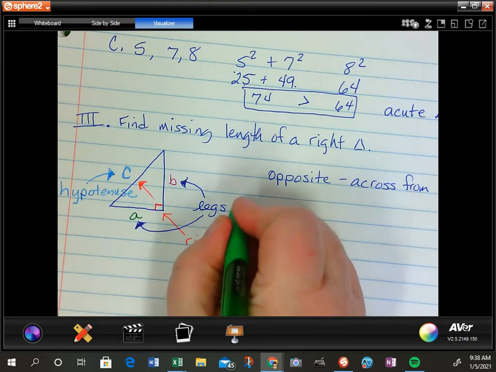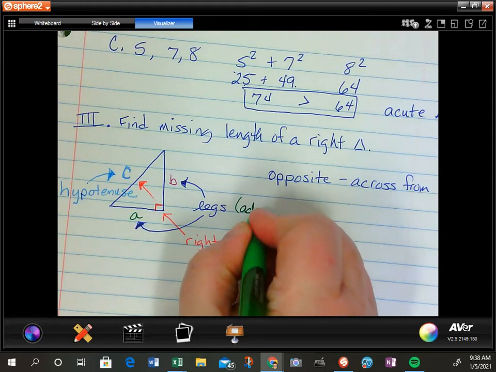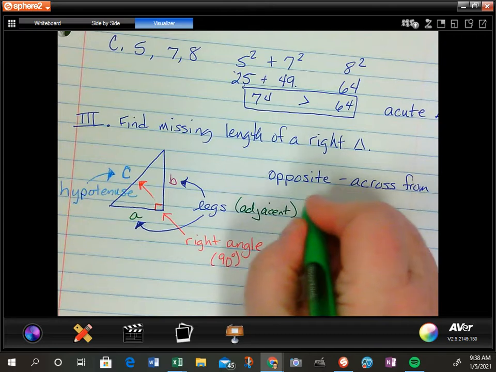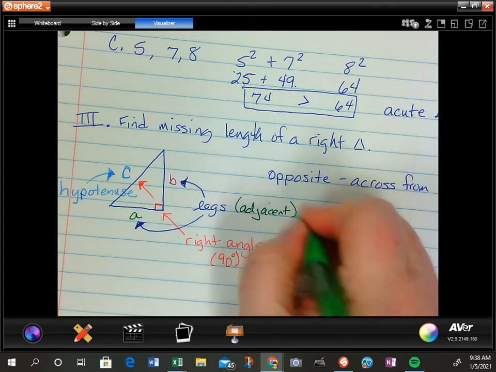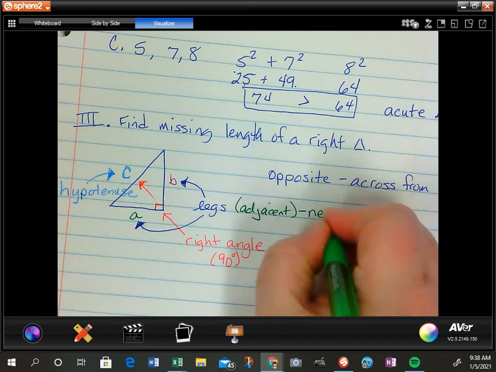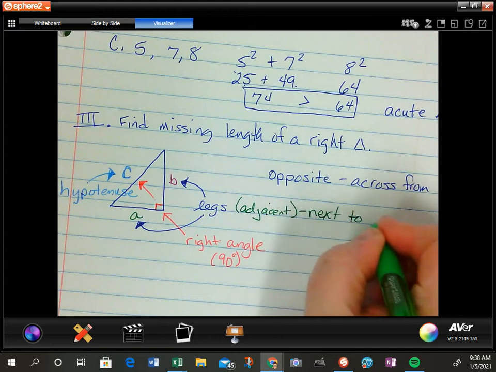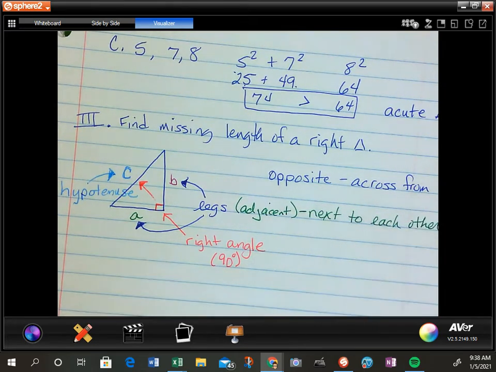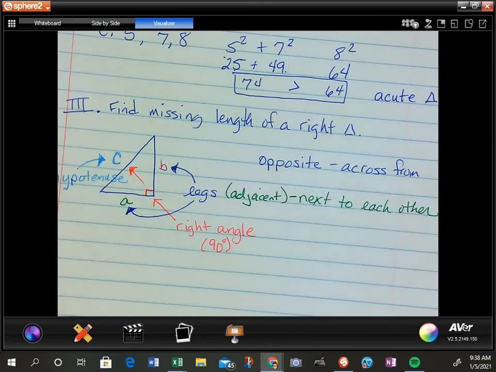The legs are adjacent. Adjacent means next to. Next to each other. Adjacent means next to each other. Those are going to be important words.